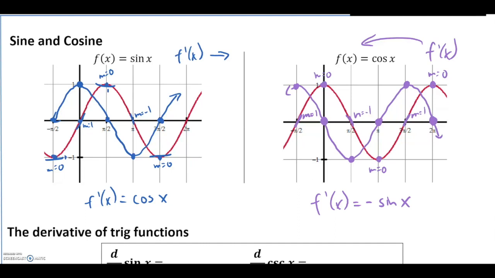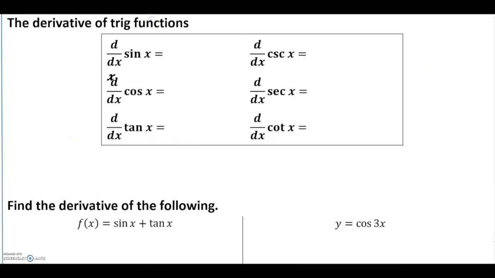And in fact, the derivative of cosine is actually the negative of the sine curve, negative sine of x. And those are the two big derivatives that we need to know to talk about derivatives for any trigonometric function. We need to know that the derivative of sine of x is cosine of x, and that the derivative of cosine of x is negative sine of x. Because if I know those two, then when I think about something like the derivative of tangent of x, keep in mind your trig identities, I'm really only thinking about derivative of sine of x divided by cosine of x.